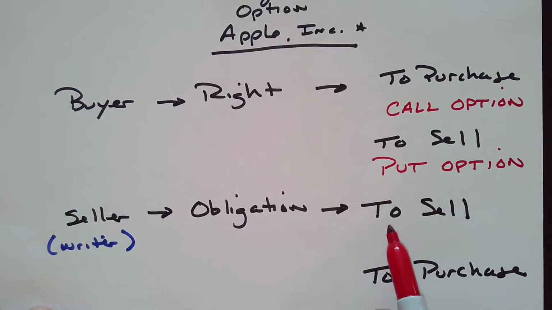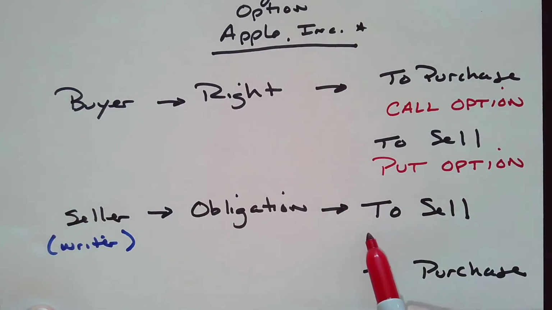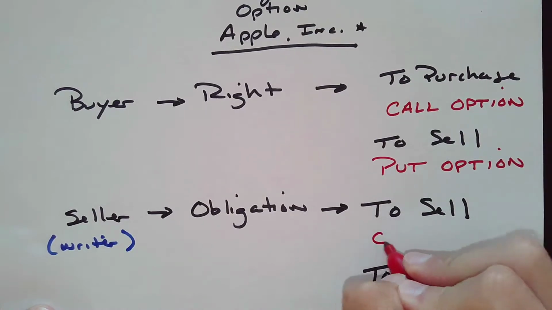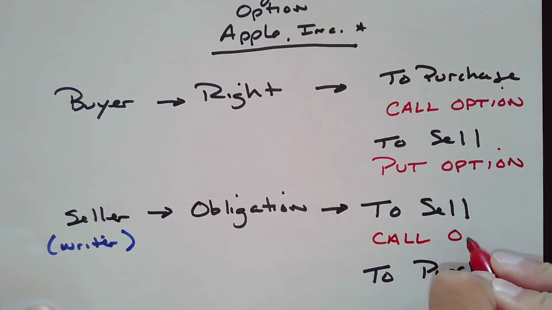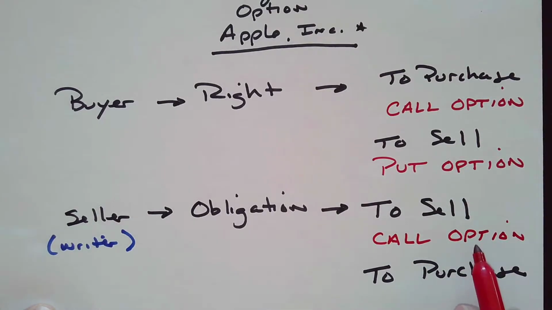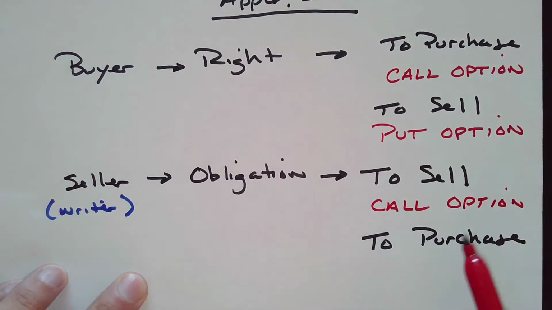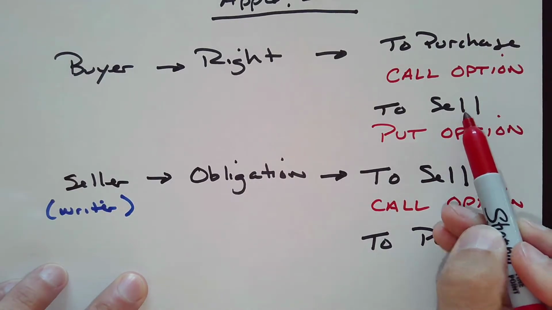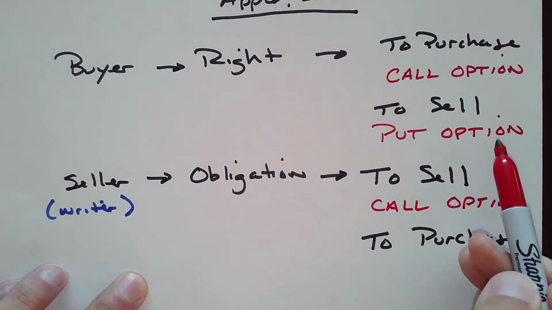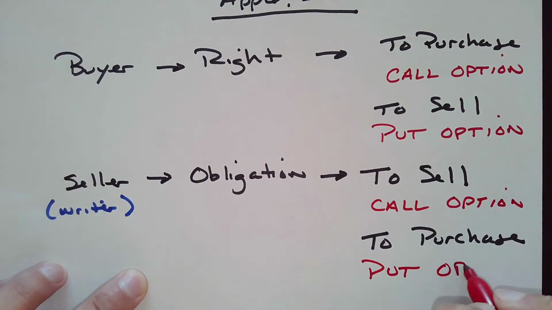And so when we think about this, if they have the obligation to sell conditional on their right to purchase, then this must be a written call option. Or a sold call option. And we can keep going with our logic and say, well, if they have the obligation to purchase when the buyer exercises their right to sell, this must be a written put option.